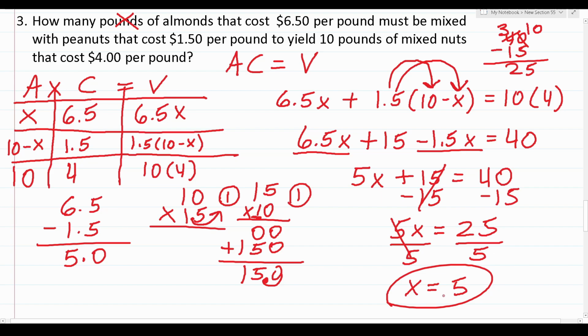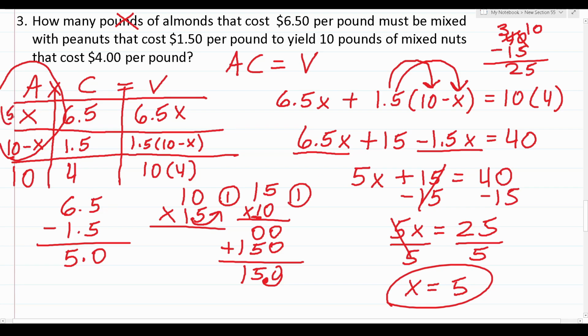All right, so this question says, how many pounds of each of these nuts must you mix in order to have 10 pounds that cost $4 per pound? Well, again, we know our amounts are right here, and we know one of those amounts is just x, and x equals 5.